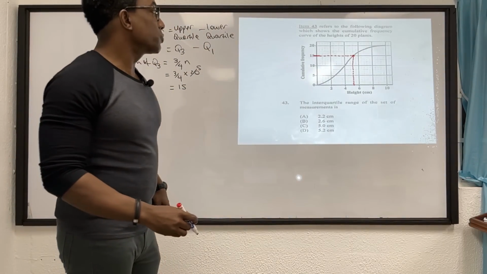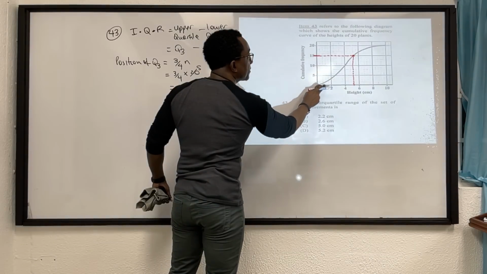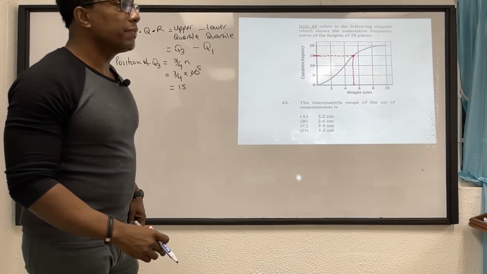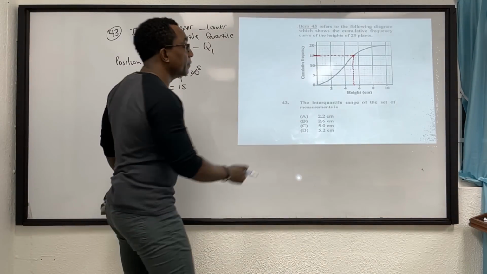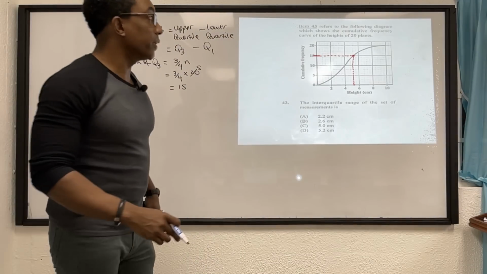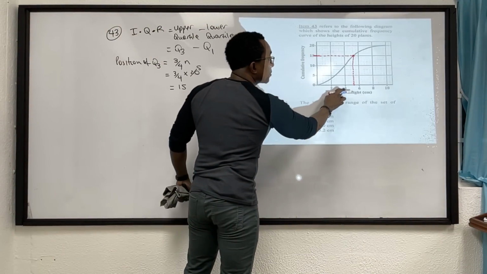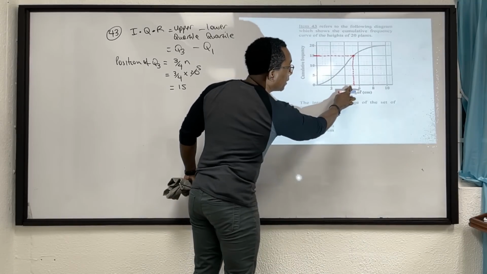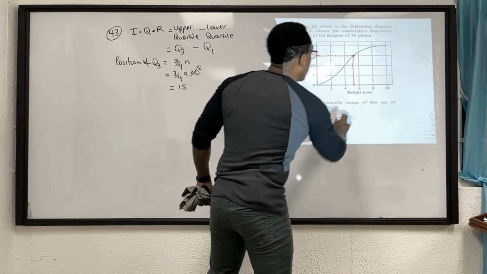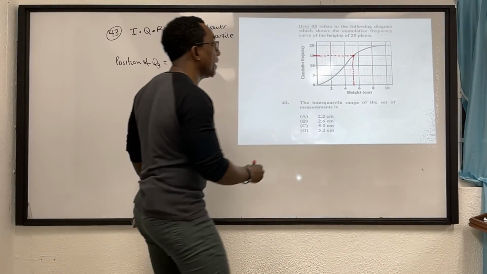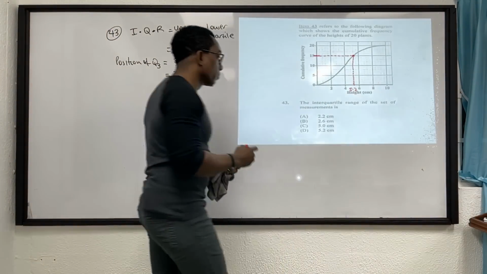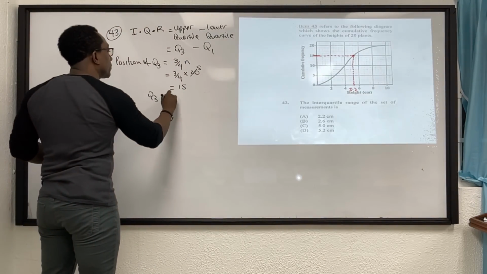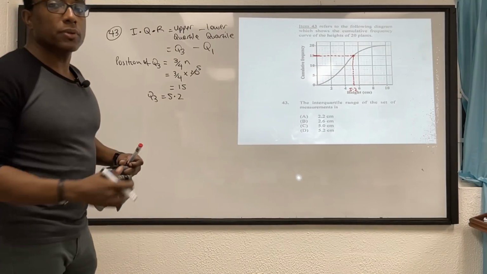Now if 5 subdivisions is equal to 2 units, 2 divided by 5 will give us 0.4. So every subdivision here is equal to 0.4 units. So this is 4, this will be 4.4, this will be 4.8, and this will be 5.2. So our upper quartile Q3 is equal to 5.2 based on the curve.